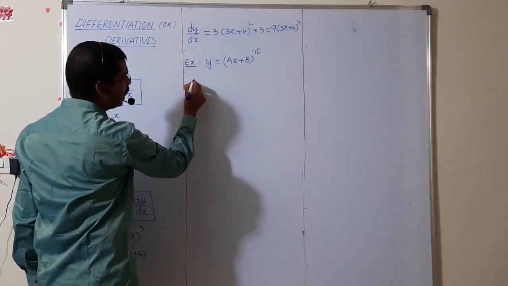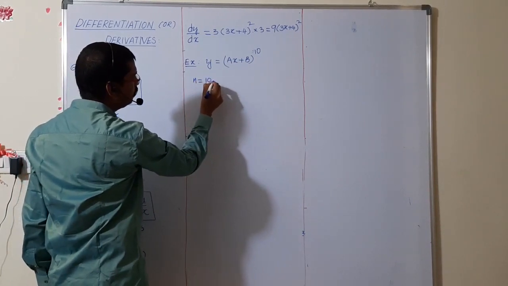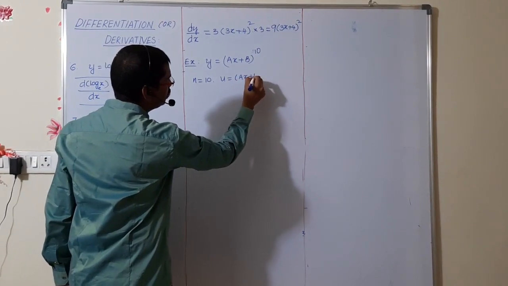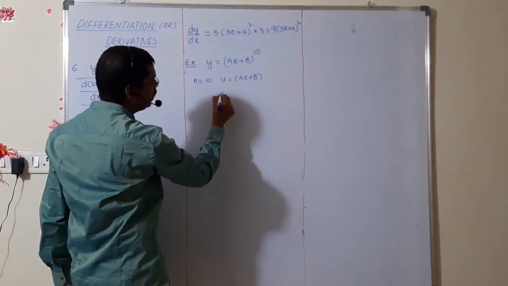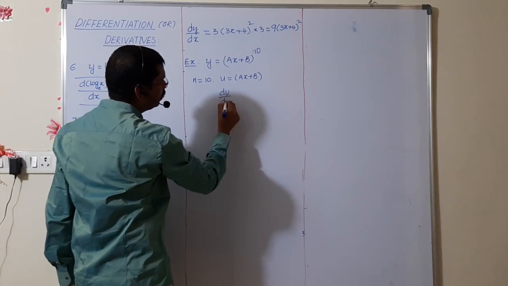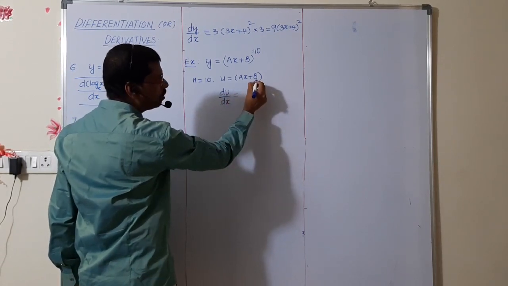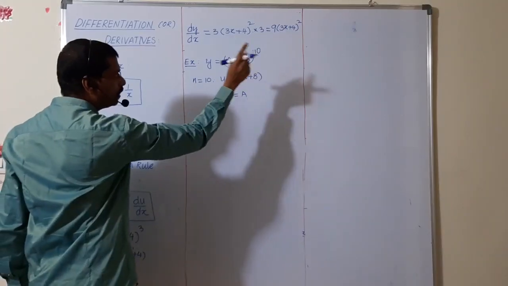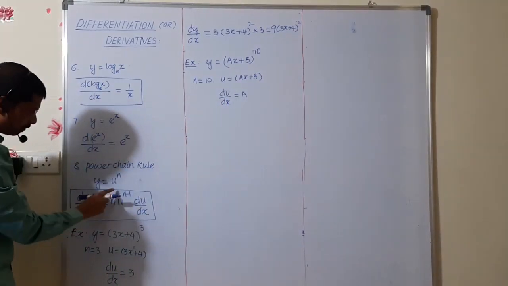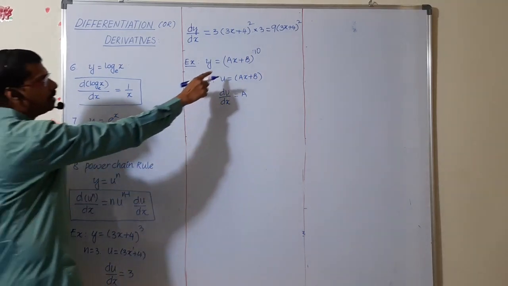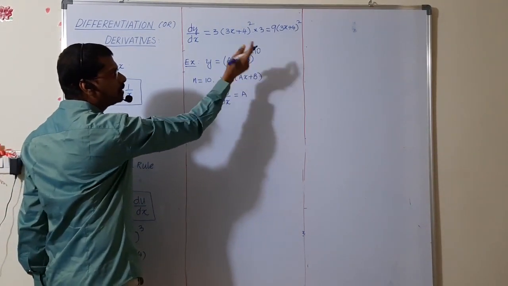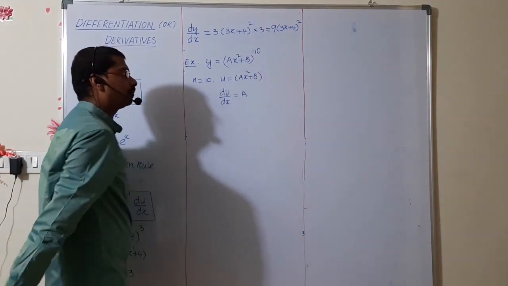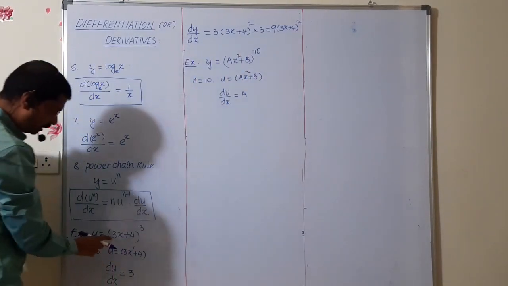Now here n value should be 10. u equals ax squared plus b, and du upon dx. Here a is a constant. The format, whatever is given, should be in this manner. u into a, u is given like that.